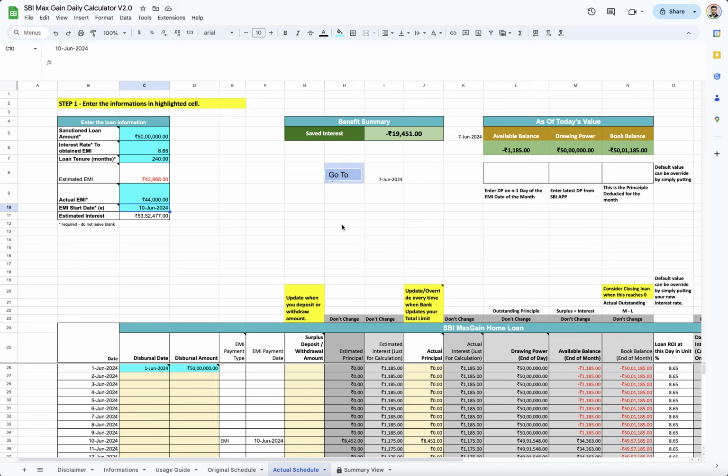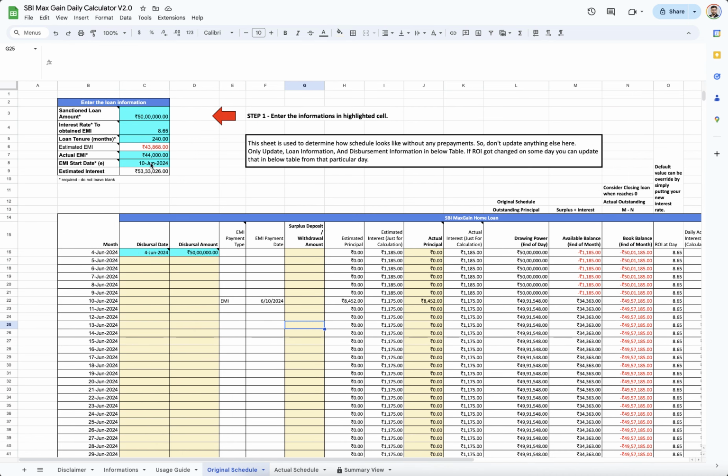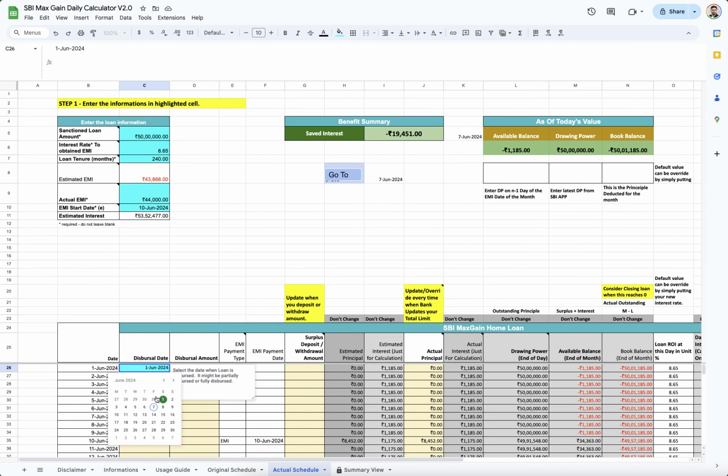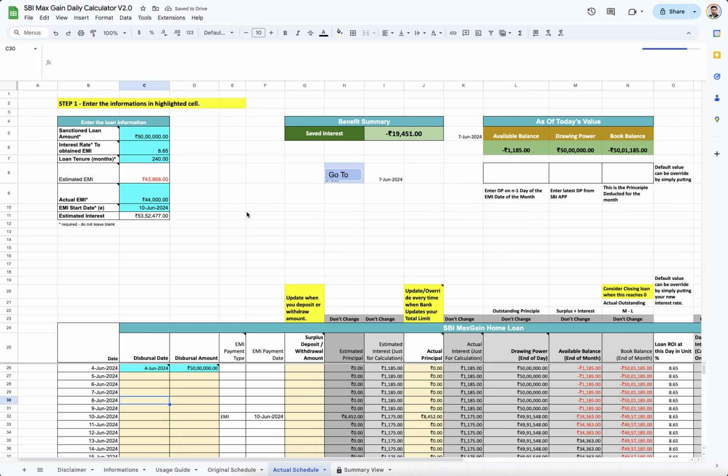Okay. So since we are not doing anything, right? And what was the date? 10th June, 4th June. Okay. So we see saved interest is nothing because we are doing nothing differently from the original schedule.